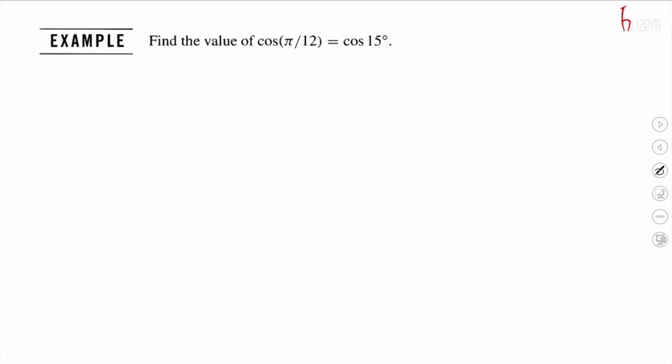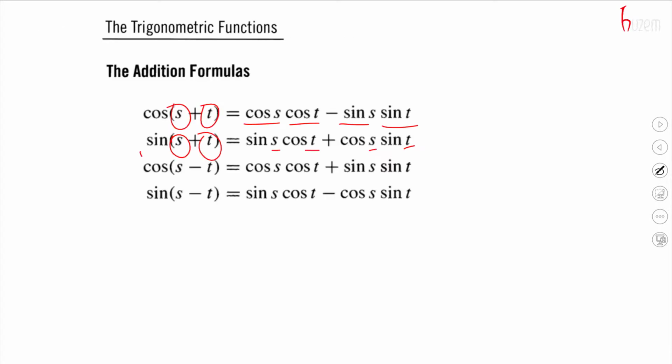Next we have an example. It says find the cosine value of 15 degrees. To do that, let's go back to the addition formulas and see how we can end up with this quantity. We know the cosine and sine values of 45 degrees and 30 degrees, right? And if we subtract 30 from 45, we end up with 15.